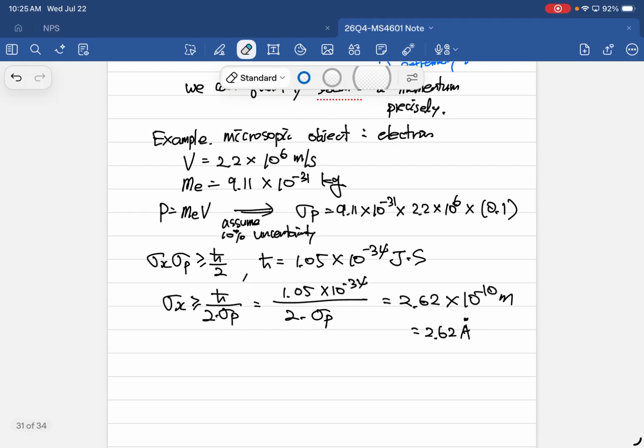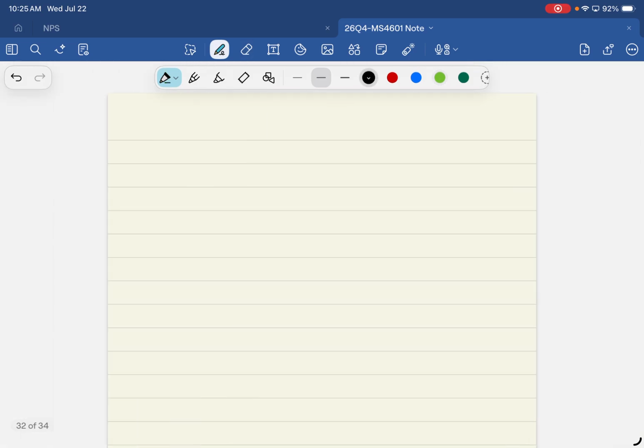Okay, then let me describe the Bohr model for hydrogen. Bohr suggested an atomic model, right?